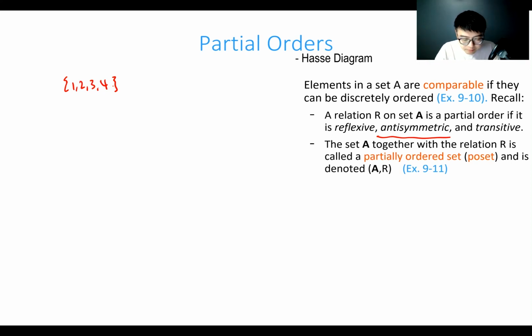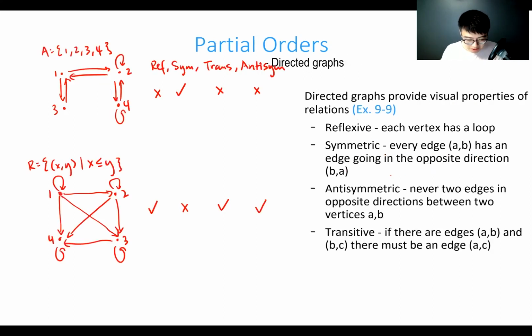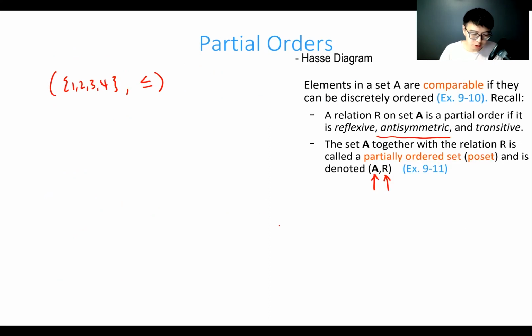We can say that 1, 2, 3, 4 as a set and the less than or equal to symbol is an example of a poset, because the set along with the relationship together make up a partially ordered set. If you look back a couple of slides, we said that the less than or equal to relation is reflexive, transitive, and antisymmetric. So that makes it a partial order.